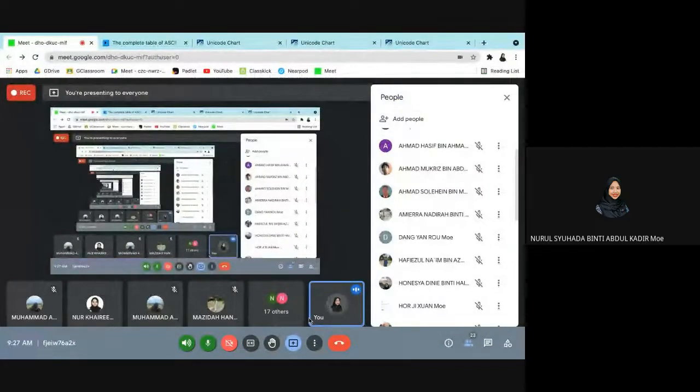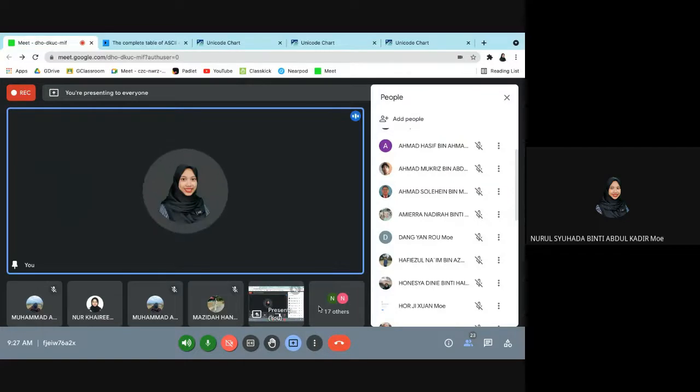Got it, class? Alright, so I repeat. Unicode is using 16 bits to represent a character, first point. It can represent 65536 characters, which is capable of representing all the world's languages. Then you have to mention it because they ask you to compare. Compare to ASCII or ABCD, depending on whether the question asks you to compare Unicode with ABCD. So you say compared to ABCD, which can only represent 256 characters.